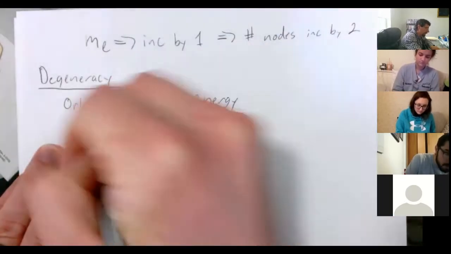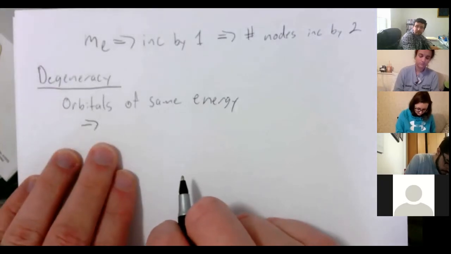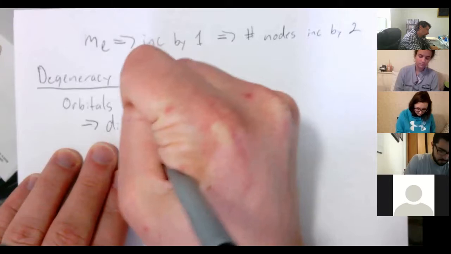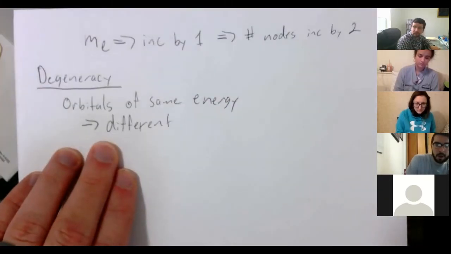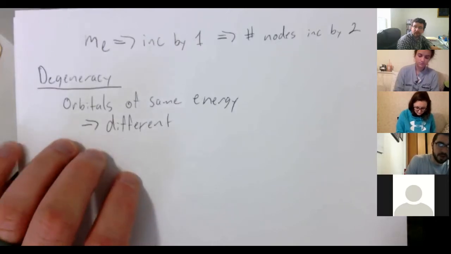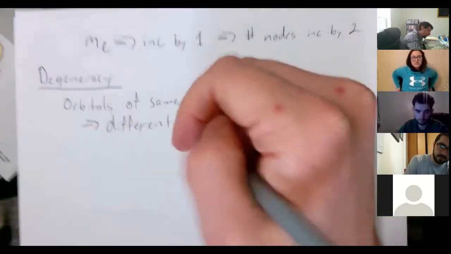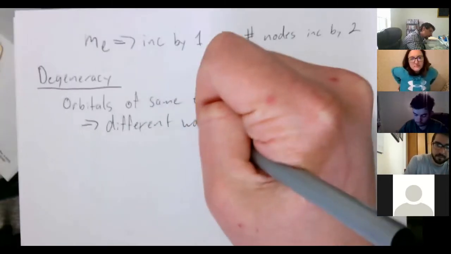But what was different about them? Different orbital types, like P versus X? No, not that. Just the quantum numbers. Yep, they have different quantum numbers and therefore different wave functions.